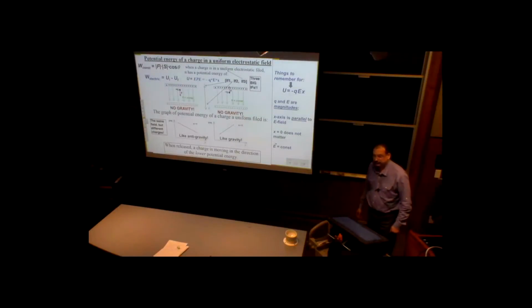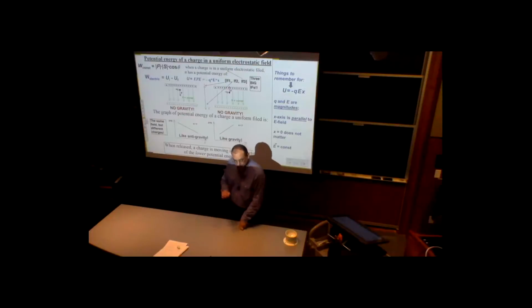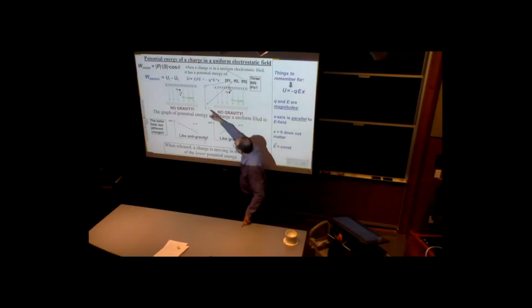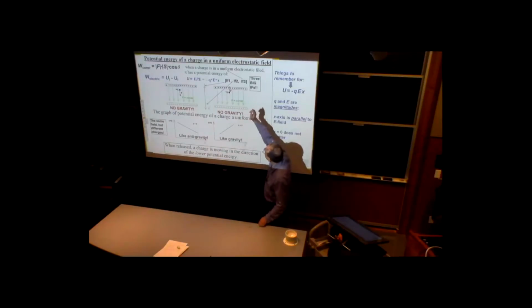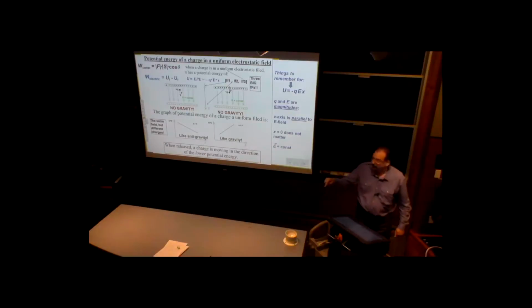This is the summary. You can read it. Electric field does work. Of course, it could have been a negative charge. A field could have been differently directed. As long as the electric field is uniform and the axis points parallel to the field, we can always write an equation for potential energy of a charge in that field as this.